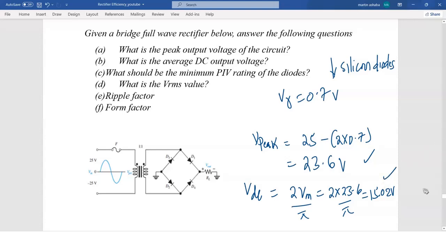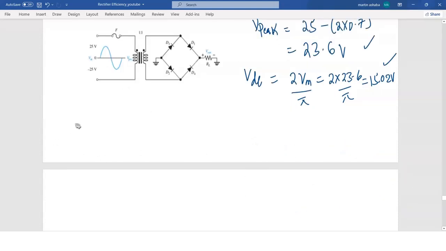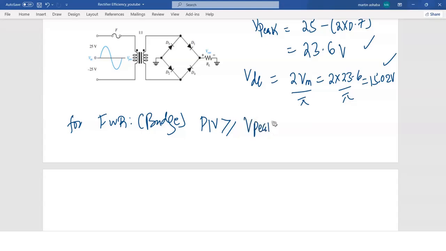What should be the minimum PIV rating of the diodes? For a full wave rectifier, and especially the bridge full wave rectifier, PIV, which is the maximum reverse voltage that a diode is going to withstand, should be greater than or equal to V peak, or what we call Vm, the maximum voltage, when the voltage drop across the diode is zero.